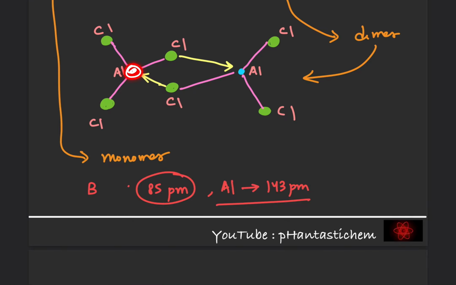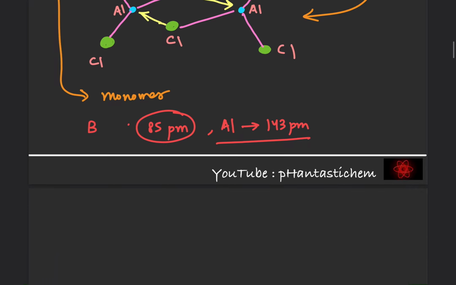Aluminium can surround itself by 4 chlorine atoms, but boron, because of its very small size, cannot do it. If boron does, it will result in huge interatomic repulsions because it's a smaller sized atom. 4 chlorines will be surrounding it, so it will lead to huge repulsions. So therefore, statement B, which says that BCl3 is a monomer and AlCl3 is a dimer, is a correct statement.